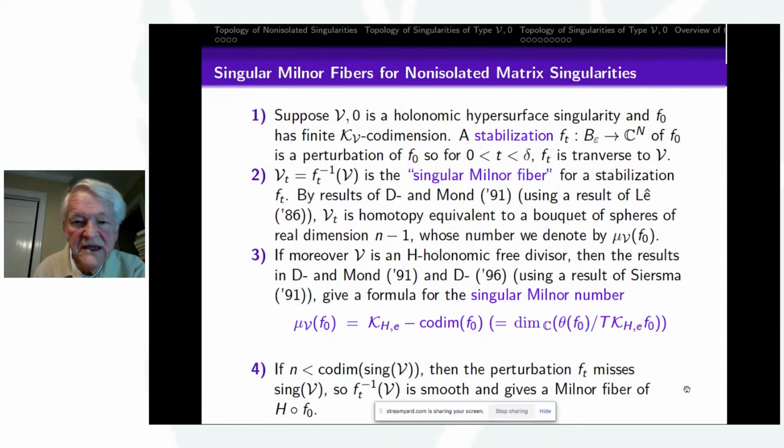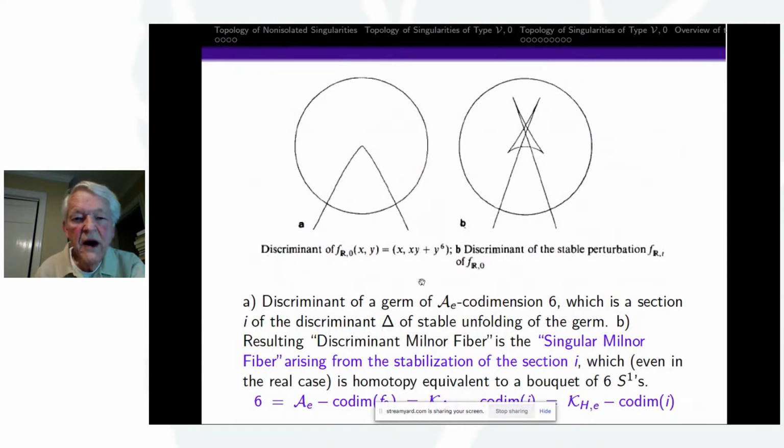So let me show you an example of this. Okay, I've just got a few minutes left, so let me try to go quickly through this. But just to illustrate this, if we take this germ that I have here, F going to (x, x, y, y^6), this is a germ whose A codimension is 6. Its discriminant is defined as a nonlinear section of the discriminant of its stable unfolding.